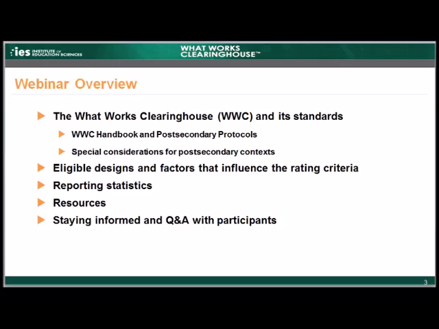So that's randomized control trials and some types of quasi-experimental designs. After that, we'll discuss best practices for reporting statistics. We'll also mention some habits or practices in reporting statistics that often prevent studies from meeting standards. Then we'll summarize the key points, along with providing a set of resources you can use and ways you can stay connected to the WWC. Finally, we'll turn to your questions.